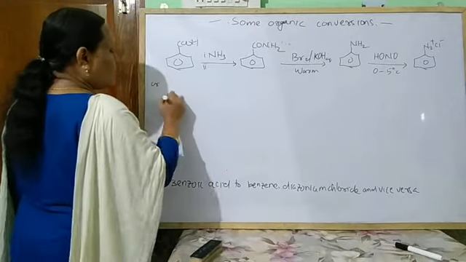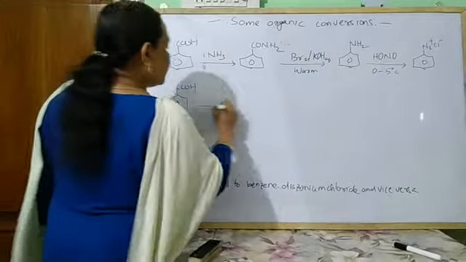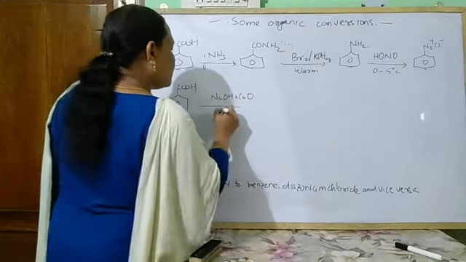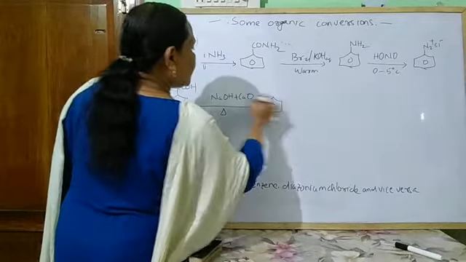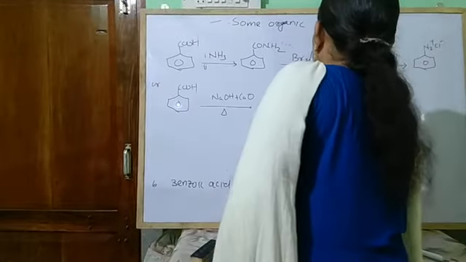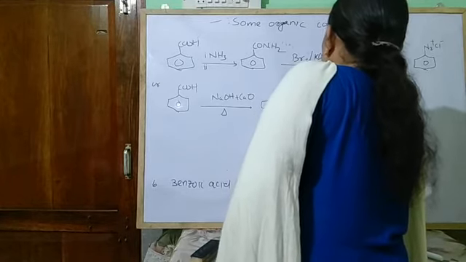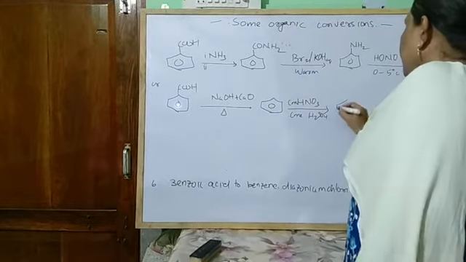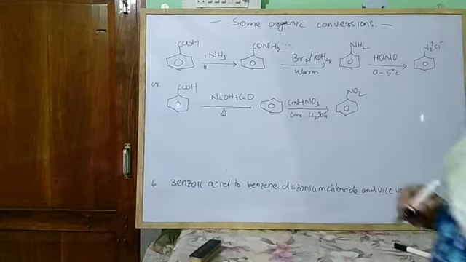Another method also you can do this. Look here. This is benzoic acid heated with soda lime. When it is heated with soda lime, it forms benzene. Benzene, when it undergoes nitration, concentrated nitric acid and concentrated sulfuric acid, it forms nitrobenzene.